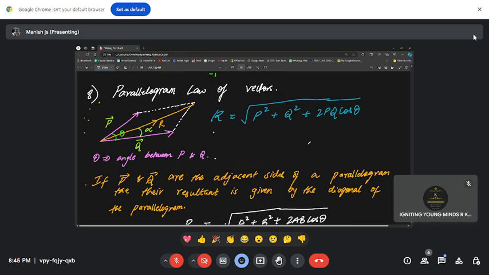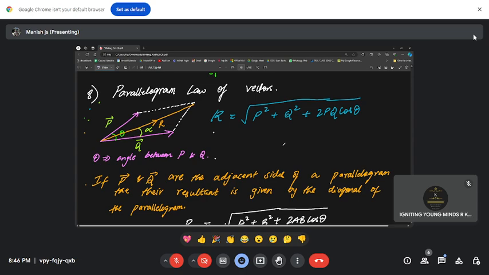So if you have two vectors which make up the adjacent sides of a parallelogram, having an angle theta included between them, then the resultant of those two vectors is given by R using the formula under root of sum of the squares of them plus 2pq cos theta.